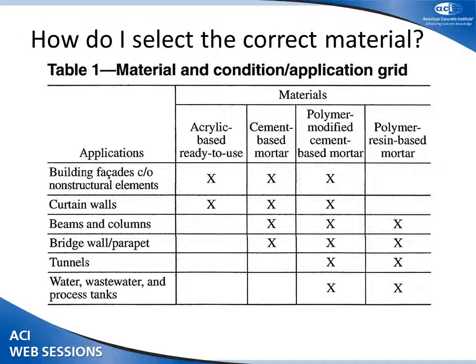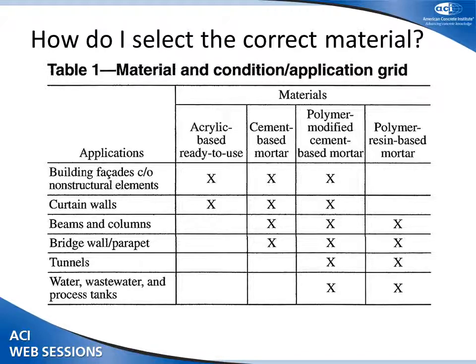How do I select the right material for my application? Well, first, what is my application? Is it going to be building facades, non-traffic bearing, non-structural surfaces, as far as seeing loads? Is it going to be curtain walls? Is it going to be beams, soffits, columns? Is it going to be bridge walls, parapets, or jersey barriers? Is it going to be tunnels, or water, wastewater, or processing tanks?